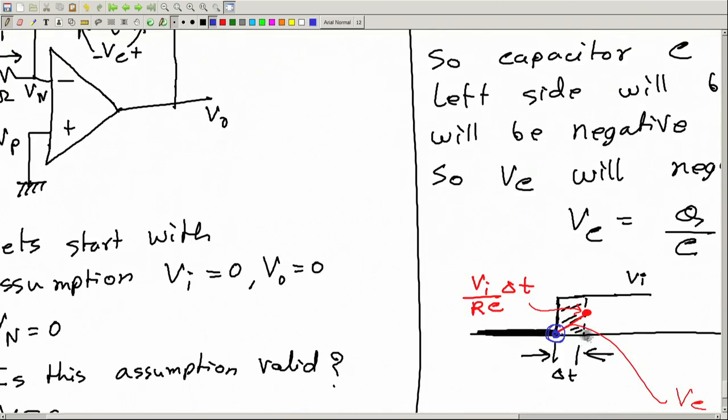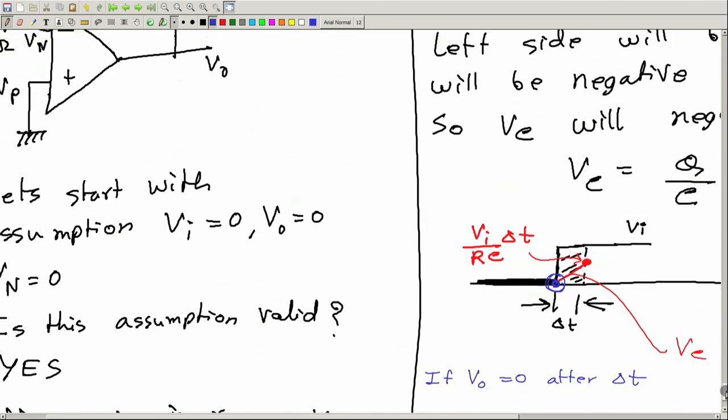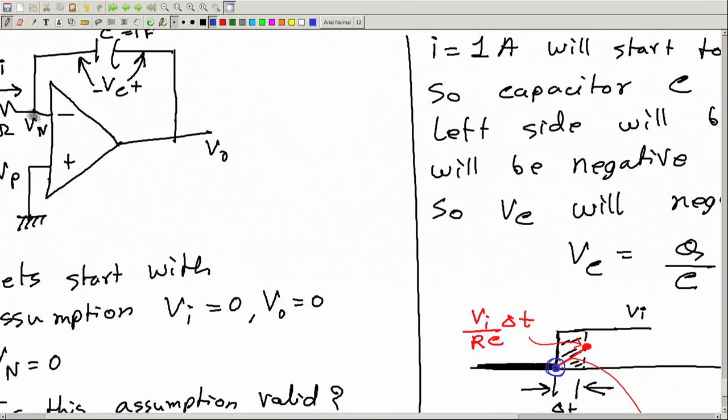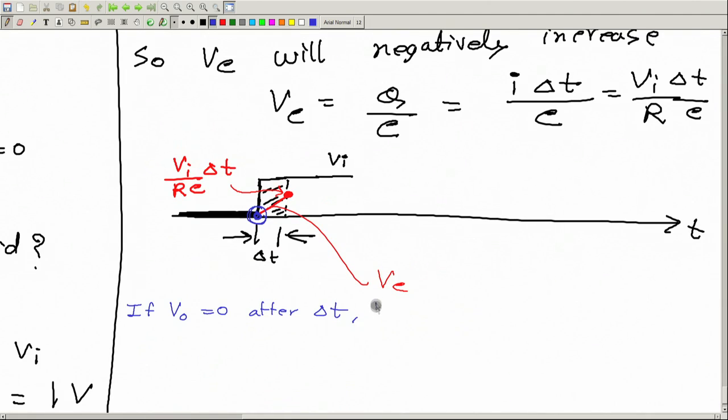If Vo equals 0 after delta t, then how much will be Vn? Vn is Vo minus this voltage. Vn is equal to Vo minus capacitor voltage Vc.